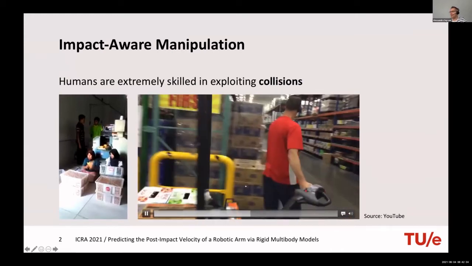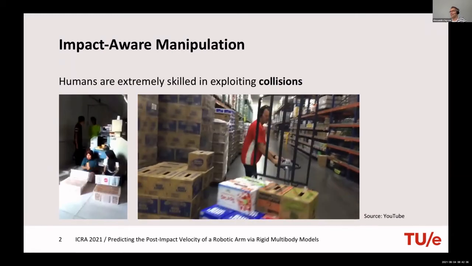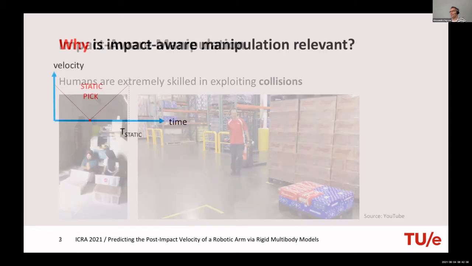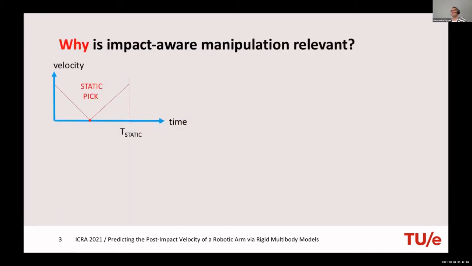So the question is, how can we get robots doing these kinds of things? Because this is not happening. What is the state of the art is of course that whenever we have, for example, to perform a pick, this is always static. The robot might be super fast, think of a delta robot, a parallel robot. At the moment of making contact, the relative velocity between the end effector and the surface where the object is located is driven to zero.